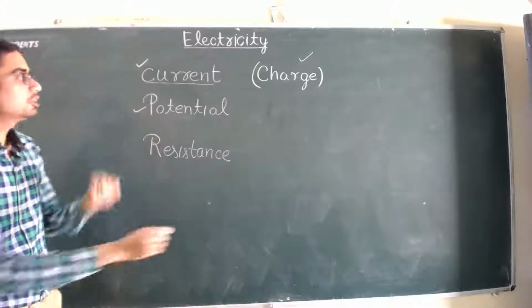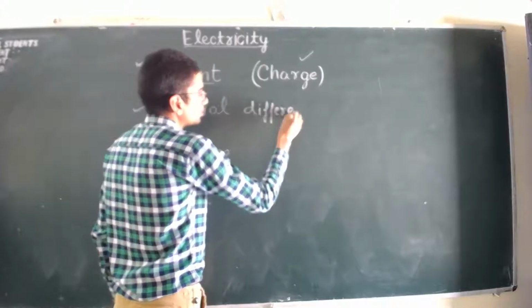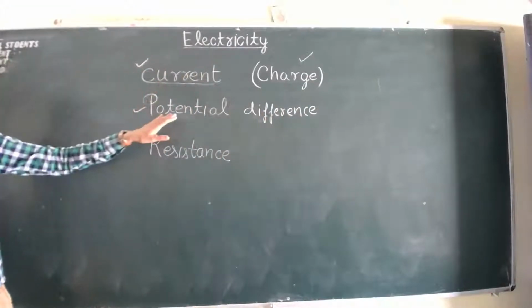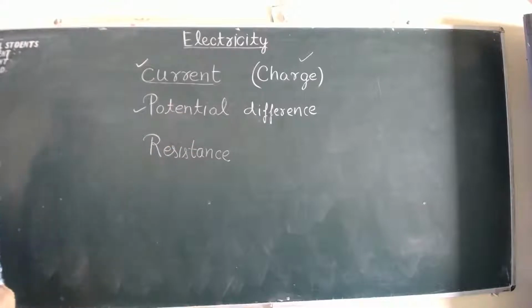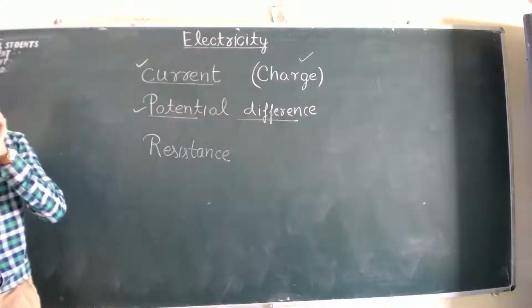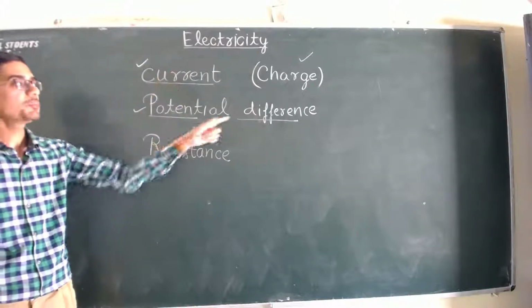Potential or potential difference. You have to study their meaning first. Current you know very well. What is the significance of potential difference? See, current will not flow if there is no potential difference. Current flows by potential difference.